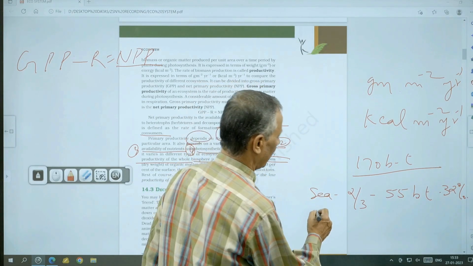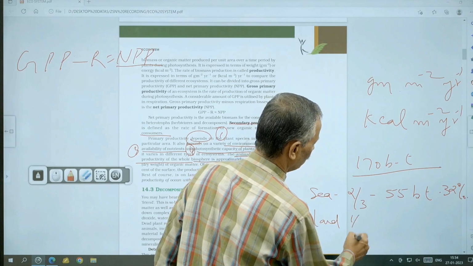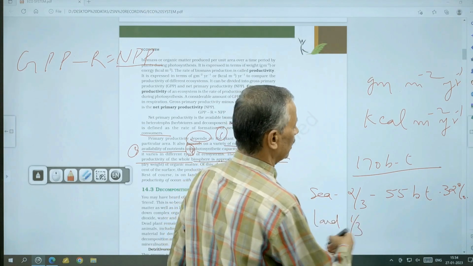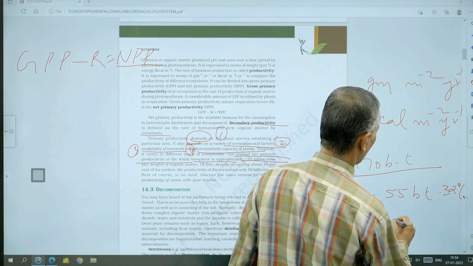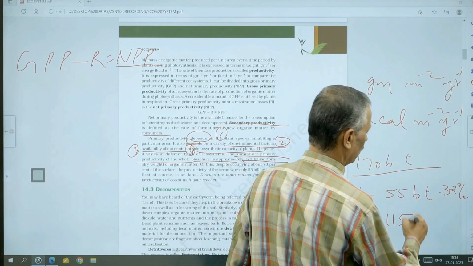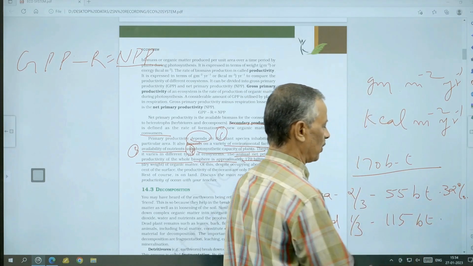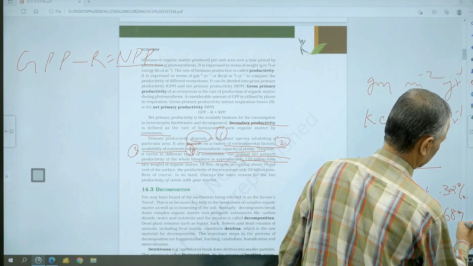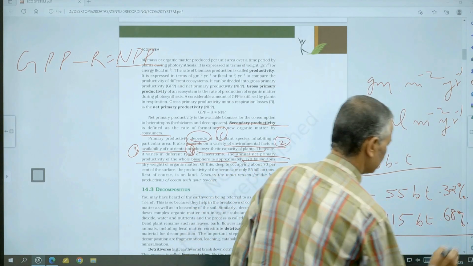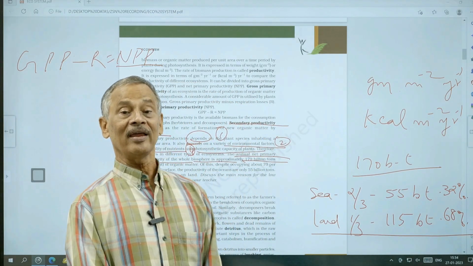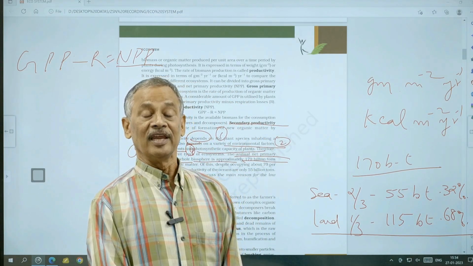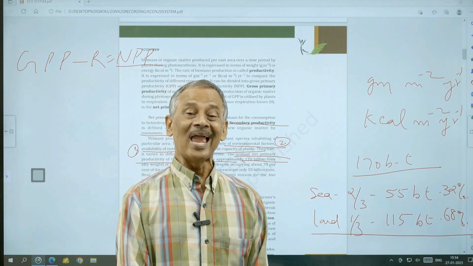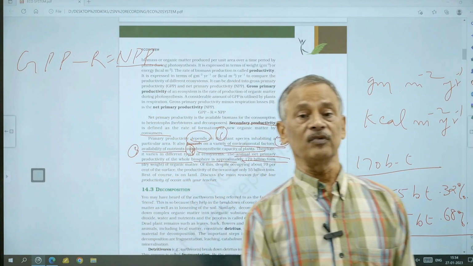Whereas land occupies only 1/3, but it is responsible for the remaining 115 billion tons of organic matter. That is almost 68%. So land has more contribution in the annual productivity.